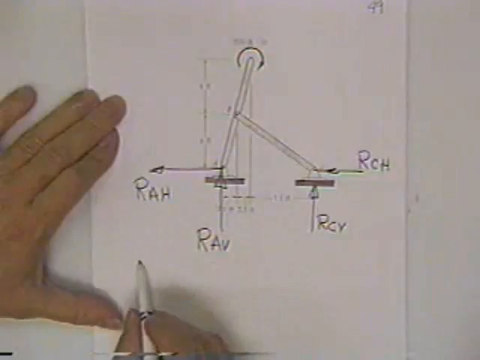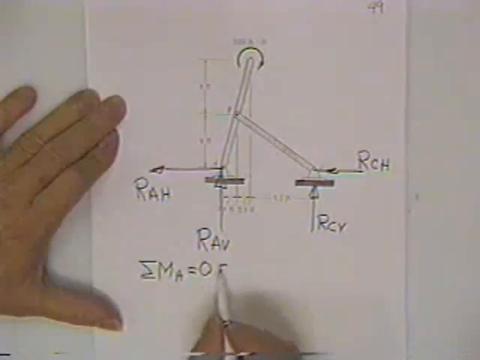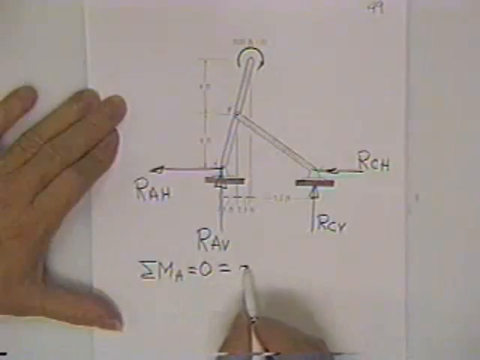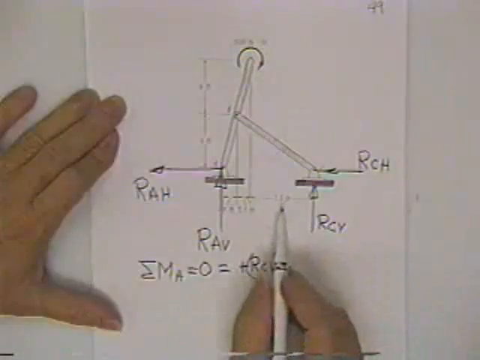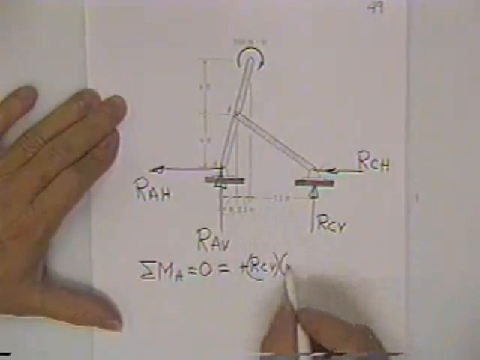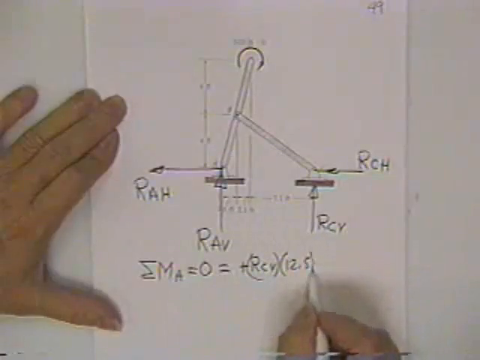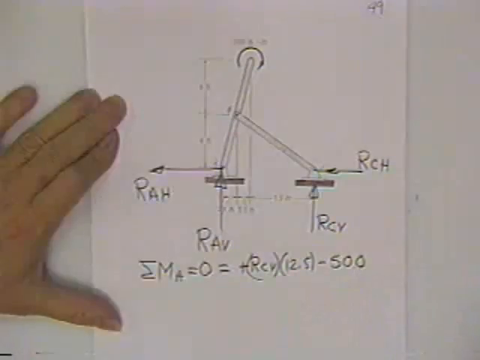The equation would read sum moments A equals 0 equals plus RC vertical times 7.5, 8, 9, 10, 11, 12.5 feet minus 500.